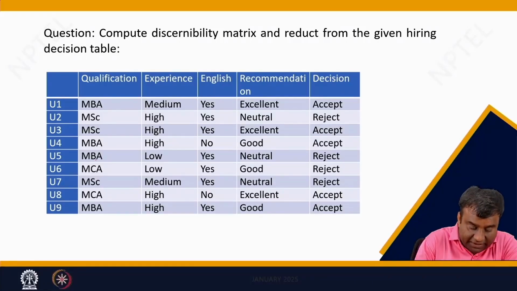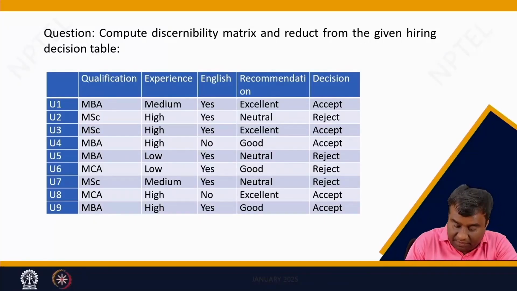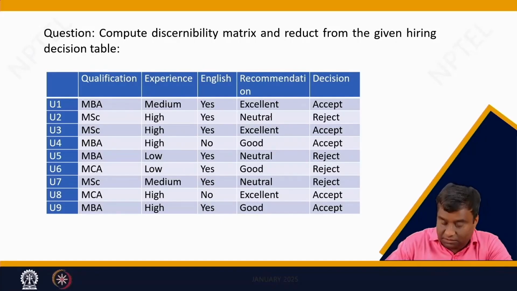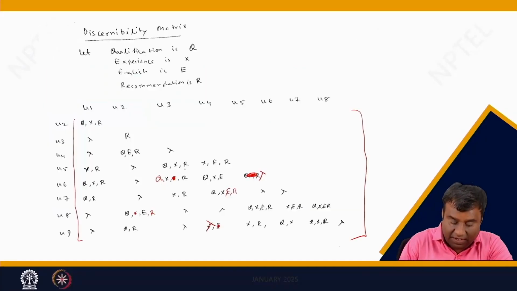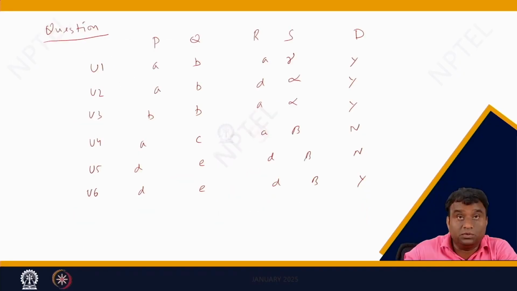Qualification is different, experience is different, English is same, recommendation is different. So there you will get QXR. In this way you can find the entries of the discernibility matrix.